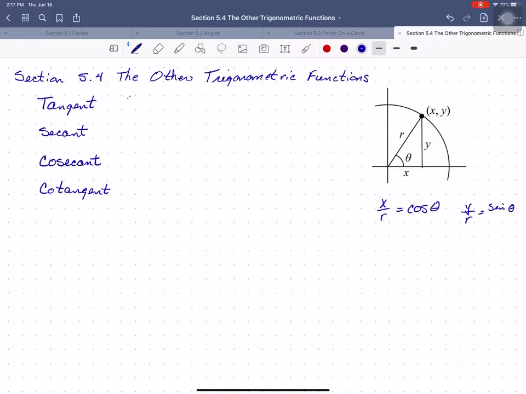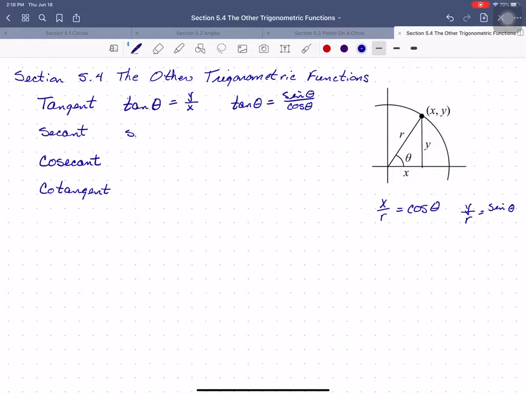And so the tangent function is equal to y over x, which, if we do a little bit of work with algebra, we can see means the tangent is also equal to the sine of theta divided by cosine theta.